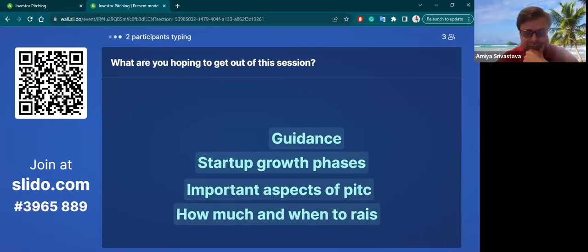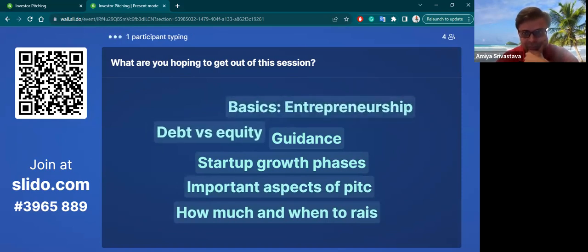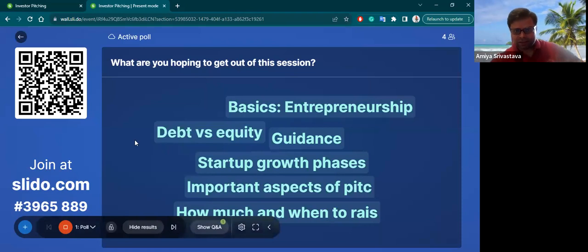Okay. Debt versus equity. Okay. Basics of entrepreneurship. Okay. I think I've got enough details here.